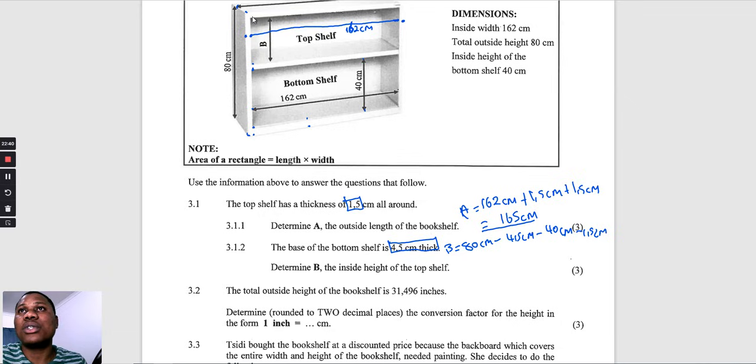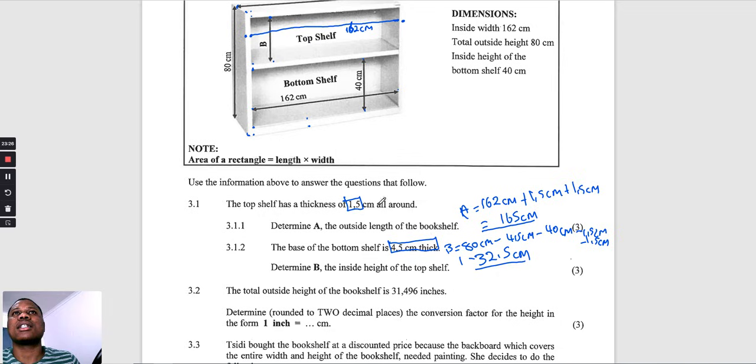So we are also going to subtract another 1.5 centimeters. So our B is going to be 80 minus 4.5 minus 40 minus 1.5 minus 1.5, which gives us 32.5 centimeters. That means the distance from this point to this point is 32.5 centimeters. Okay, that is the value of B.